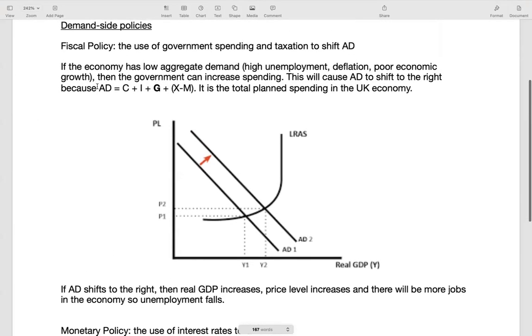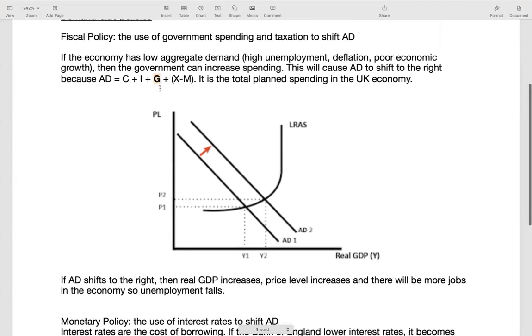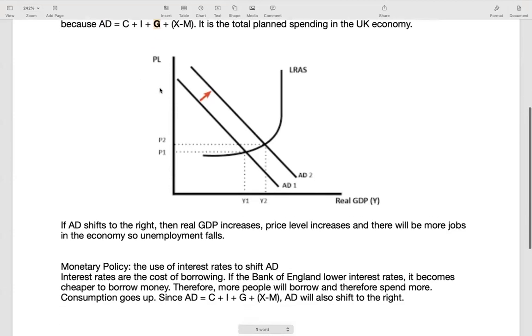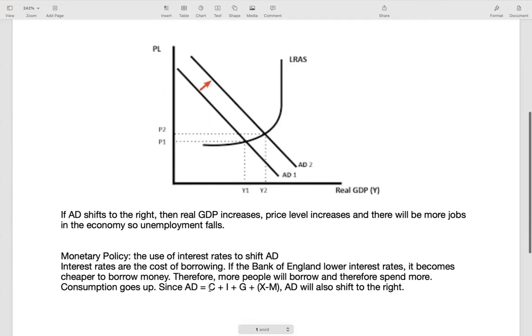So basically, fiscal policy is about the aim is to boost AD. Fiscal policy is by boosting G. So the government spends themselves. Monetary policy is incentivizing consumers to spend.